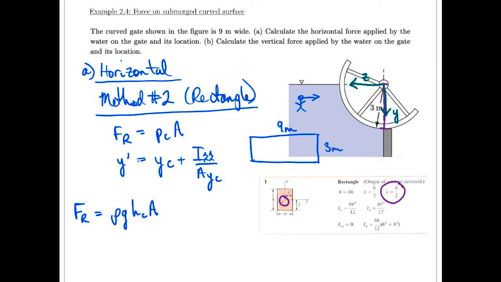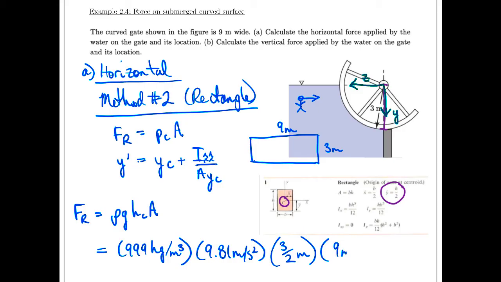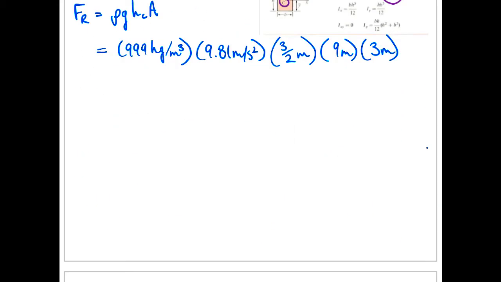So I can sub in for everything then. Okay, now I just plug those in. I recognize those units as newtons, so then I can rewrite this as 397 kilonewtons.